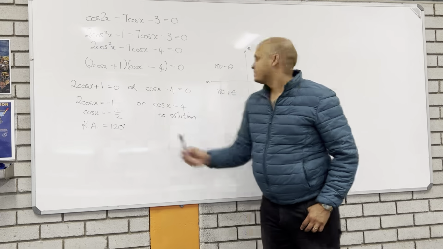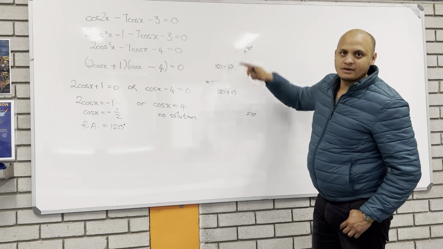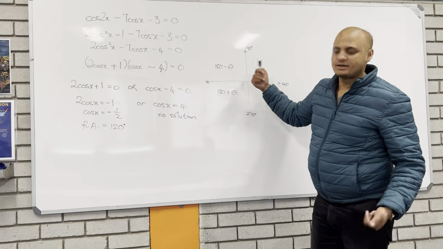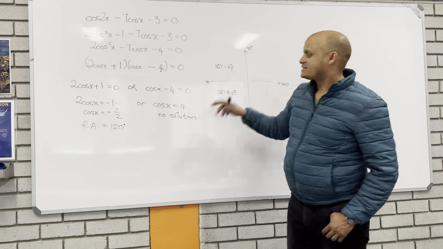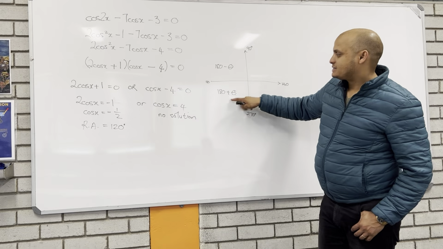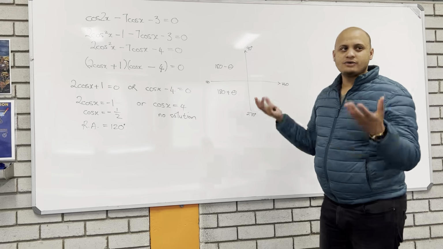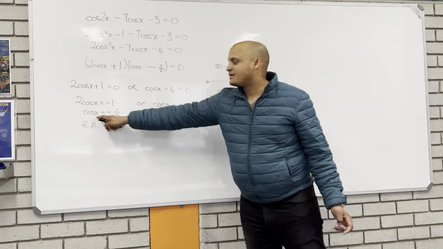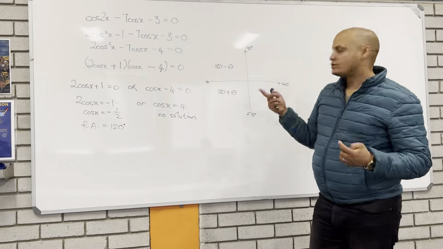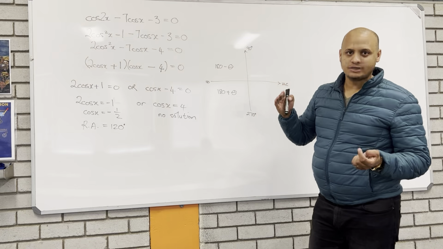That's where you start. Cos is negative in second and third. So to get to second, I use 180 minus 60, and 180 plus 60 to get the other one. So your angles that satisfy this equation are 120 and 240.